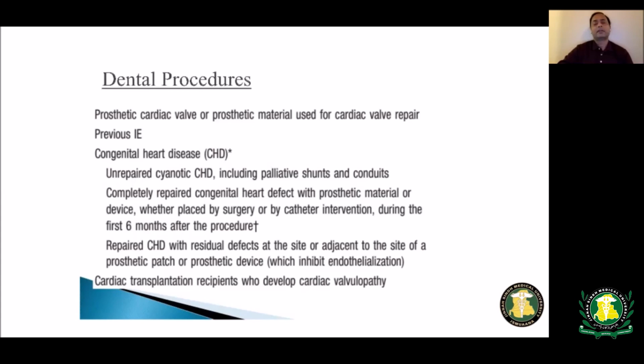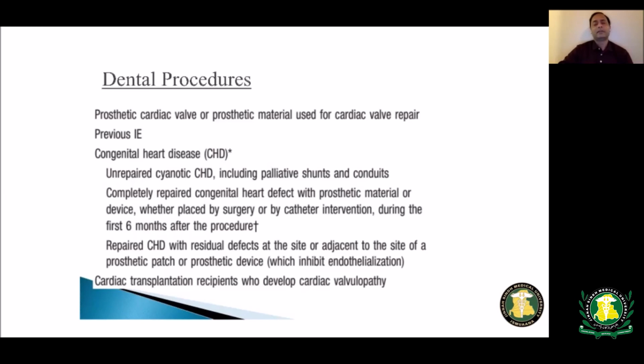If the prosthetic material was used in the last 6 months, so if they have a prosthetic valve, or in the last 6 months they had a surgery which required use of prosthetic material in the heart, or if they had a previous history of infective endocarditis, then they will require antibiotic prophylaxis. And there's a whole gamut about patients who have congenital heart disease.